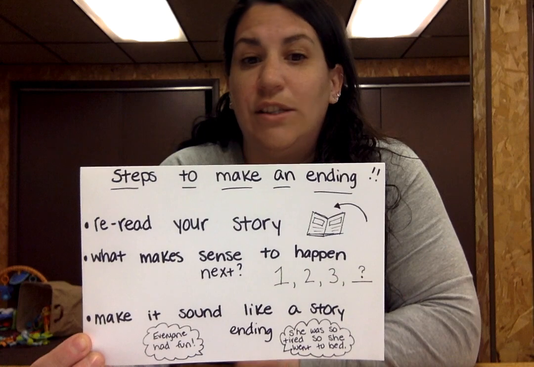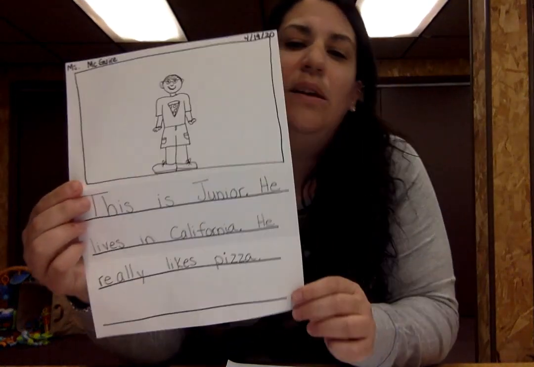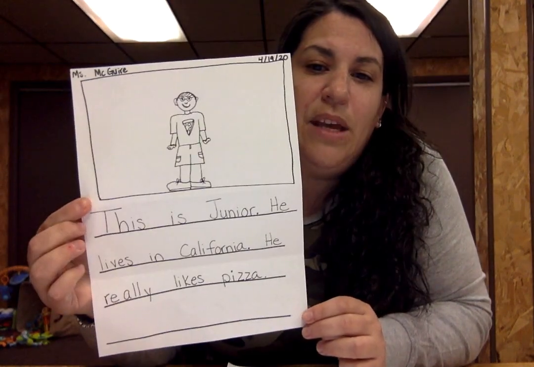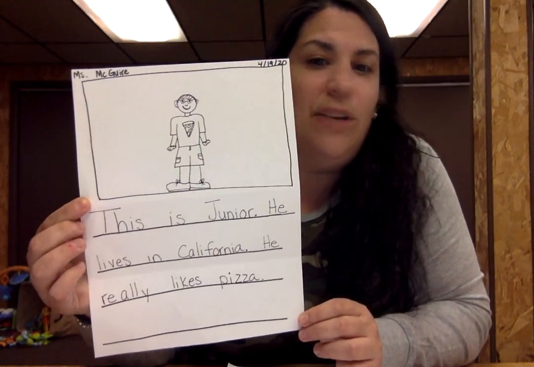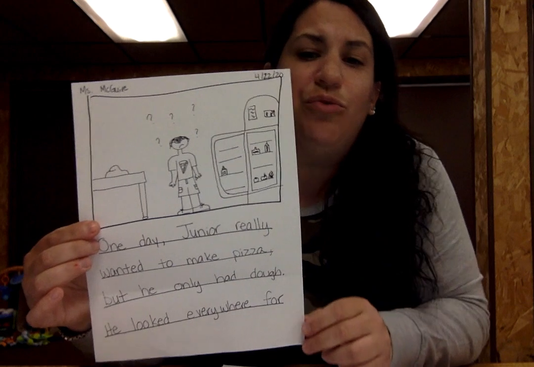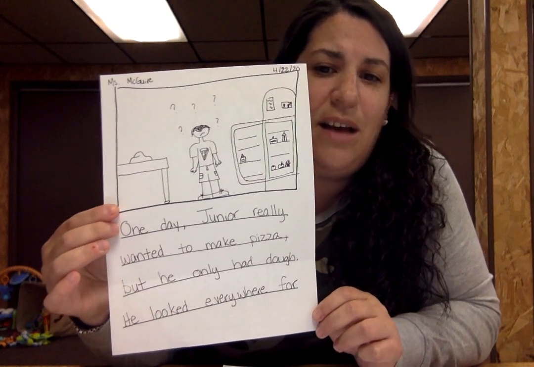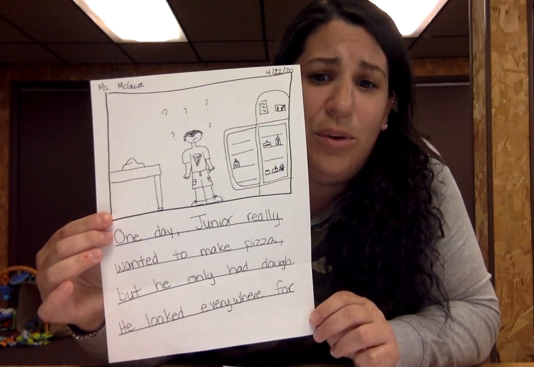So first, it says to reread our story. So let's reread the story that I've been working on. This is Junior. He lives in California. He really likes pizza. One day, Junior really wanted to make pizza, but he only had dough.